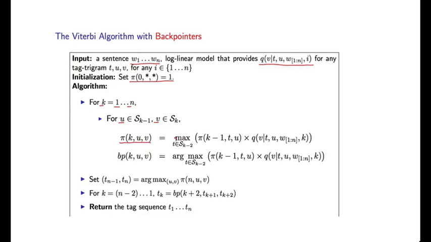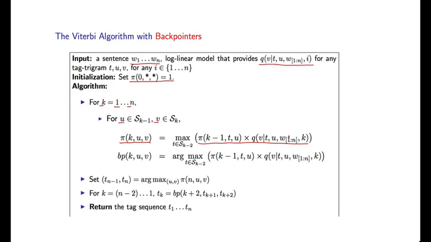We do that by searching for the tag t at position k-2 that maximizes the product of these two terms. So I have pi_{k-1}(t, u), and then I have this q term reflecting the conditional probability of the tag v in this particular context, under this particular history.